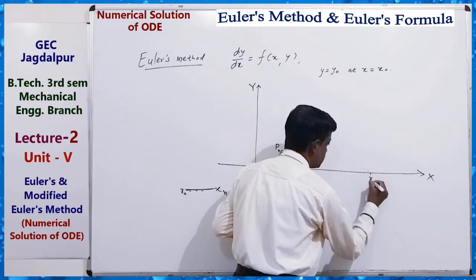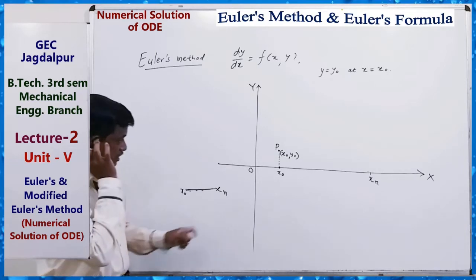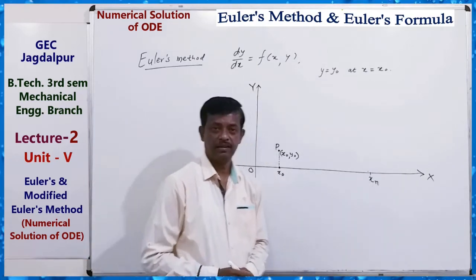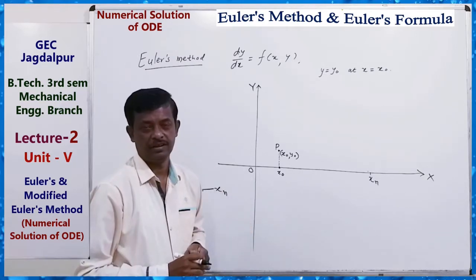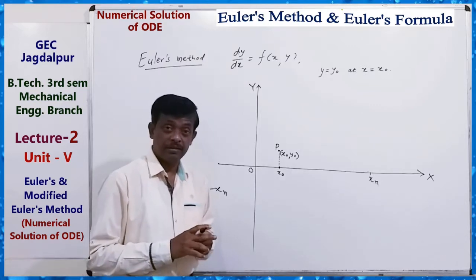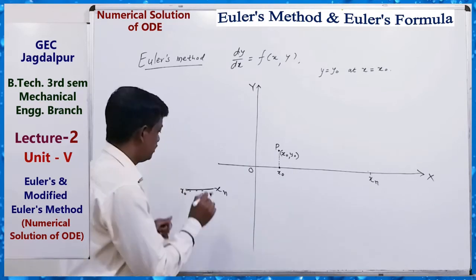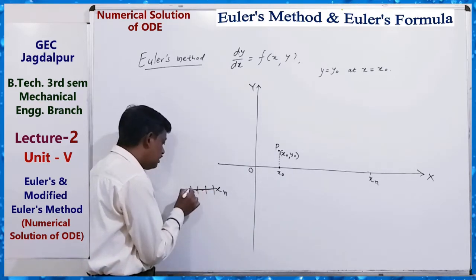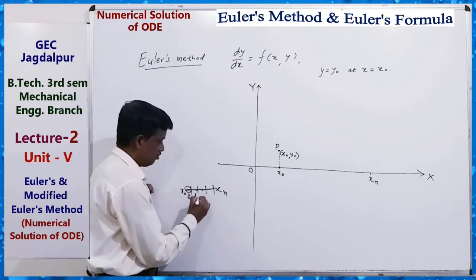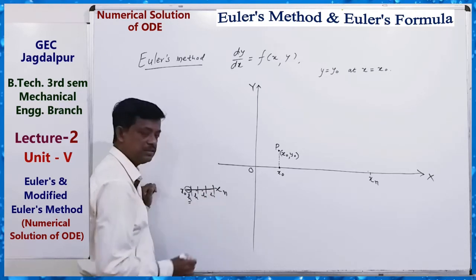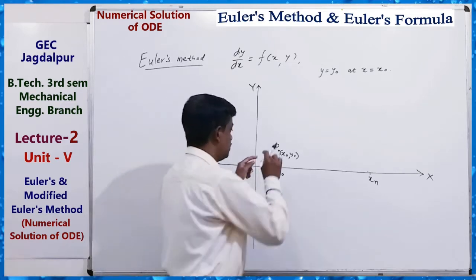We have to divide this interval x0 to xn into sub-intervals, each of equal length. Suppose the interval is h, and our curve goes just like this.